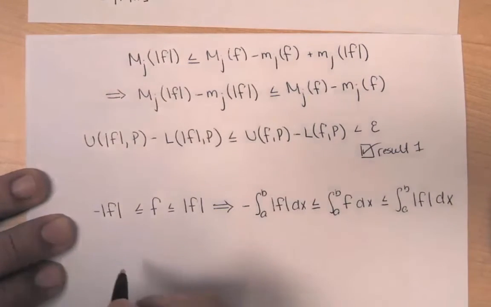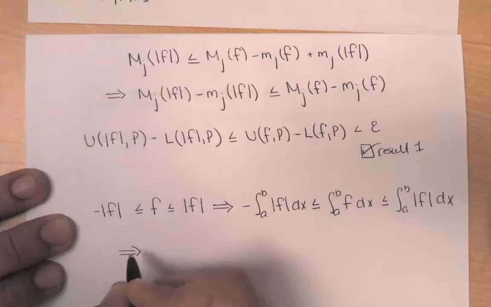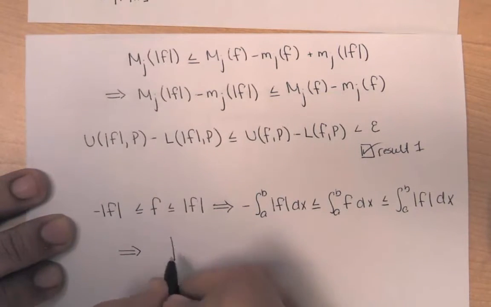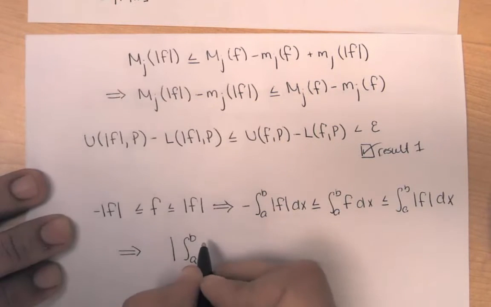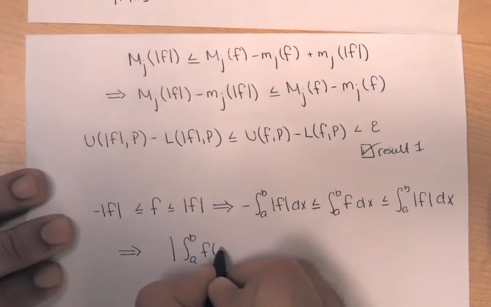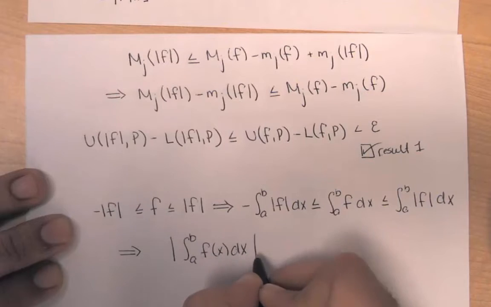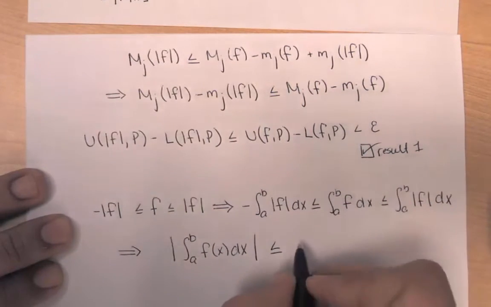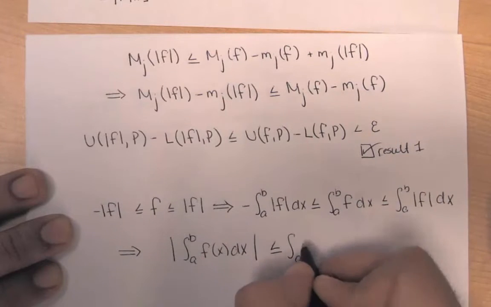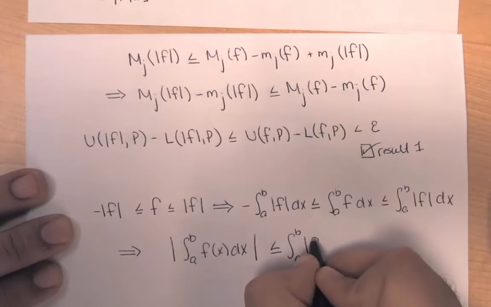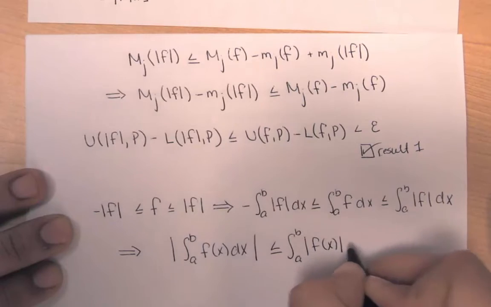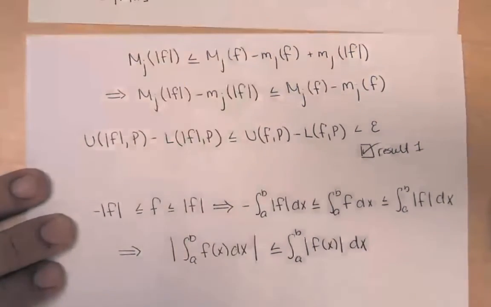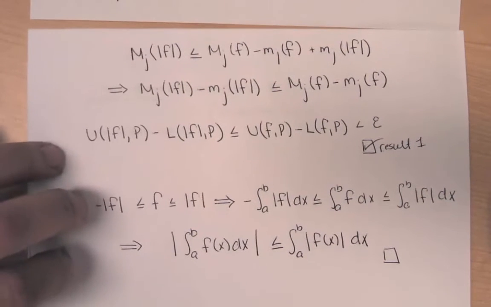This is equivalent to saying the absolute value of this middle term is less than or equal to this number. And now we've proven the complete result.